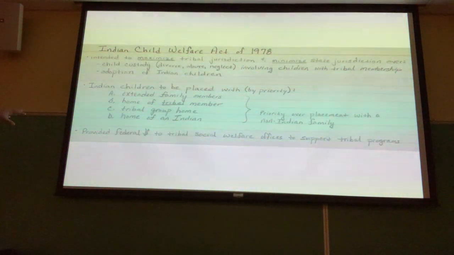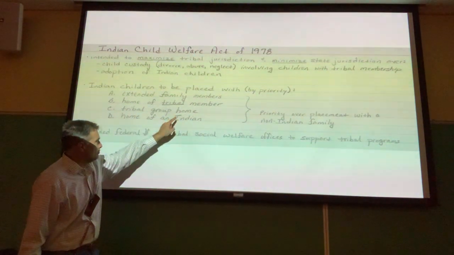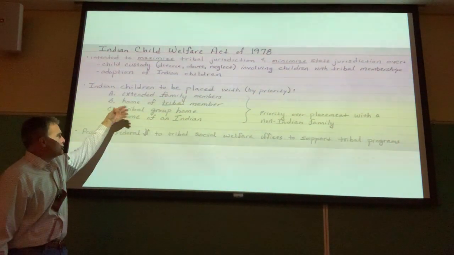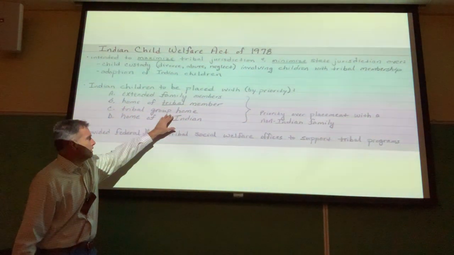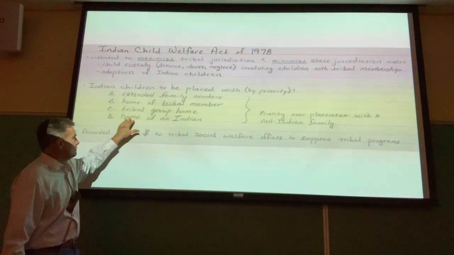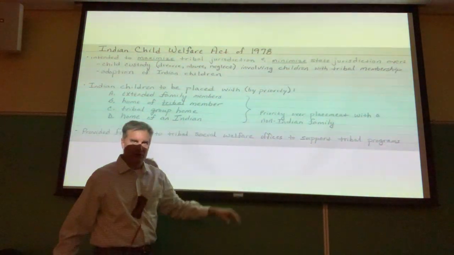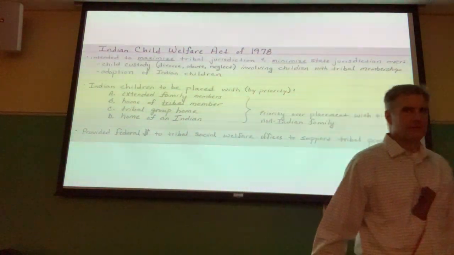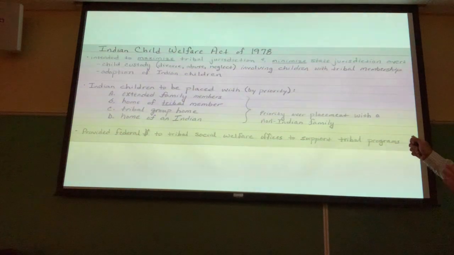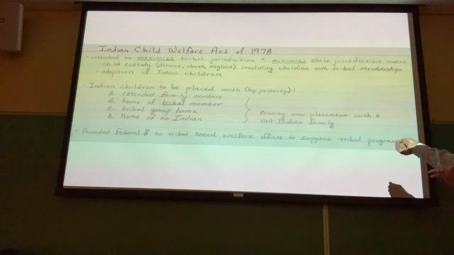They had to be adopted by another tribal member, or next, if they couldn't do that, they would go into a tribal group home, and then foster care, right? So foster care in a tribe, and then if not a tribal adoption, you would have an Indian adoption. Just anybody who's an Indian could adopt that person. So in 1978, priority over placement was given over a non-Indian family.